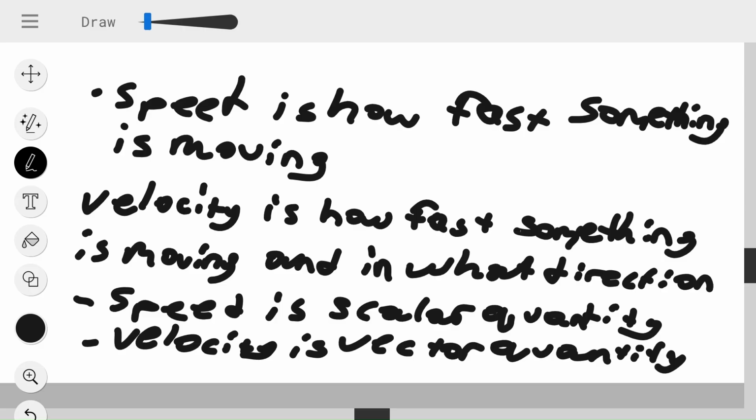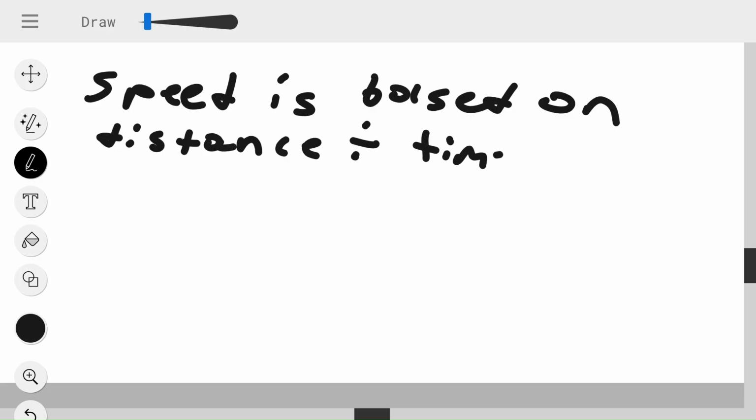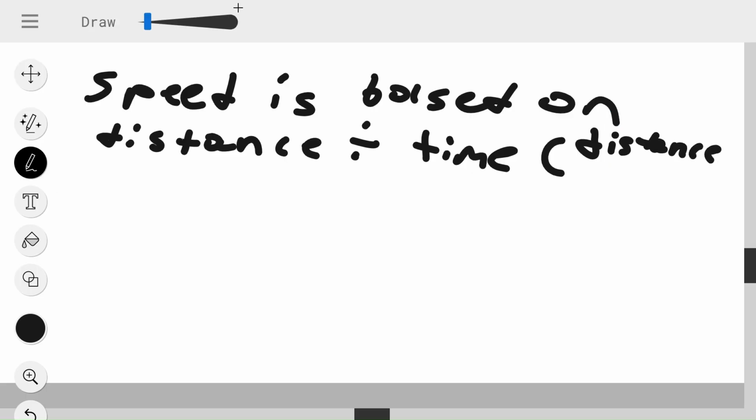Another key difference is how they are calculated. Speed is based on distance divided by time, which is basically distance over time.